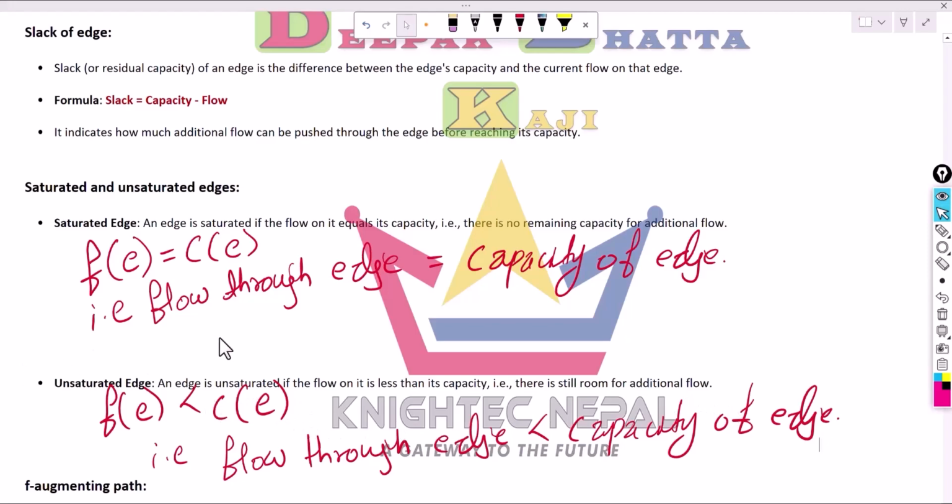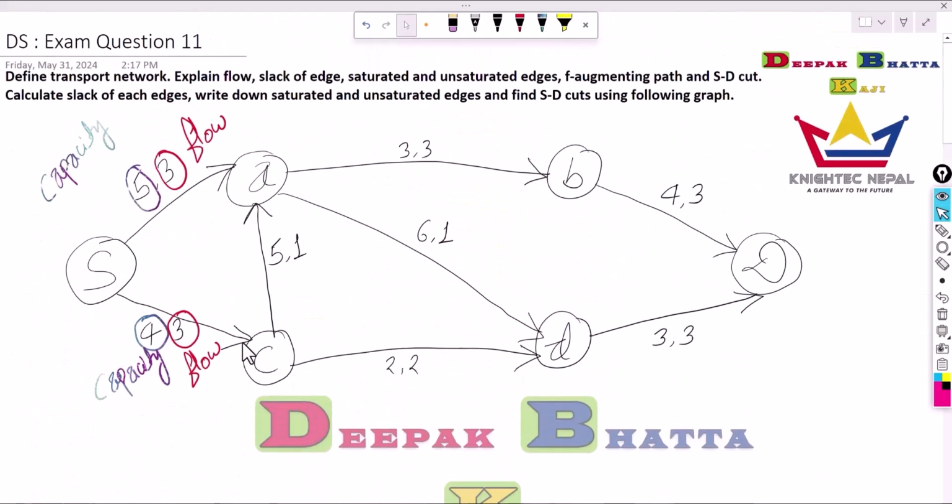In the given question they have asked to write down the saturated and unsaturated edges. As we have discussed the theory of saturated, the flow through the edge must equal the capacity of the edge.